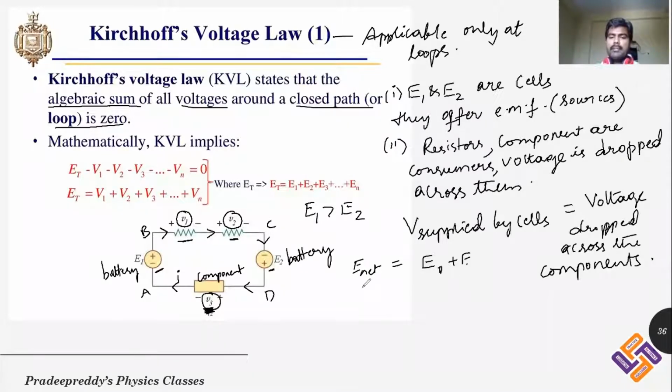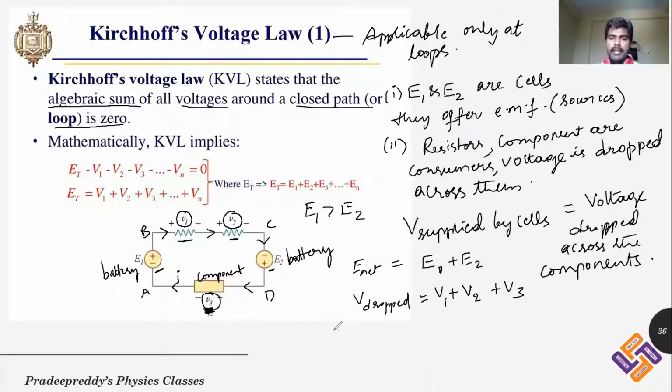This is the voltage supplied. And what about the voltage dropped? The voltage dropped is the drop across the first resistor, that is V1, across the second resistor, that is V2, and across the third resistor, that is V3. So the voltage supplied is E1 plus E2 and the voltage dropped is V1 plus V2 plus V3.